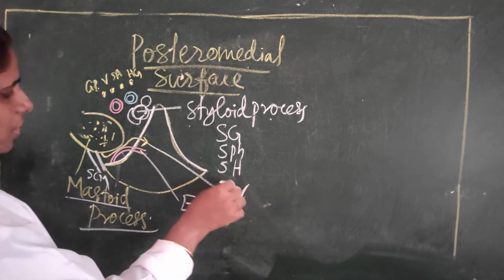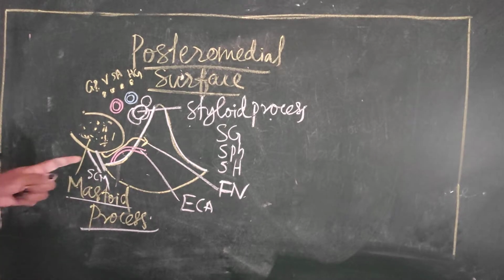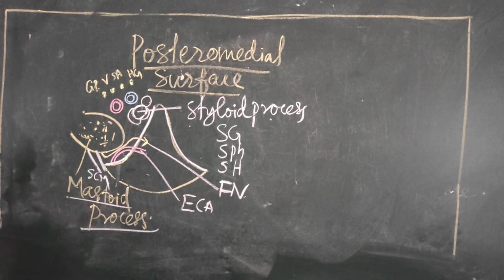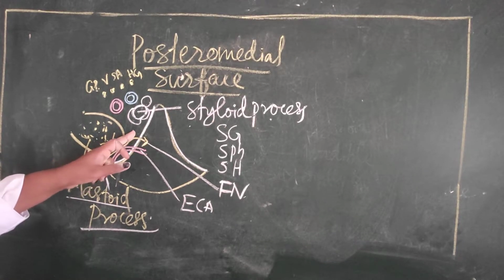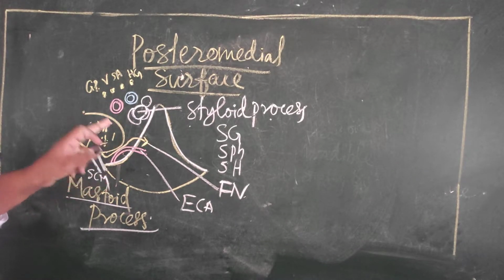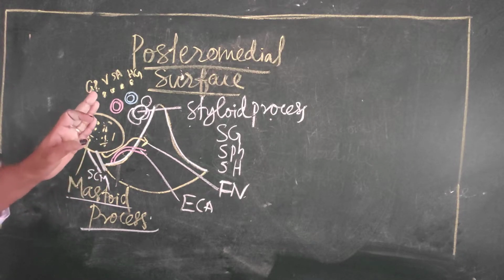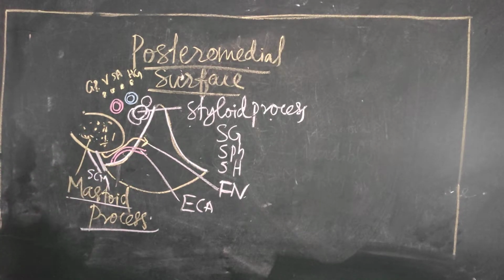These are the two structures that enter the gland through the posteromedial surface. So these are the relations which can be seen at the posteromedial surface of the gland. The facial nerve enters the gland through its upper part. The external carotid artery enters the gland through the lower part.